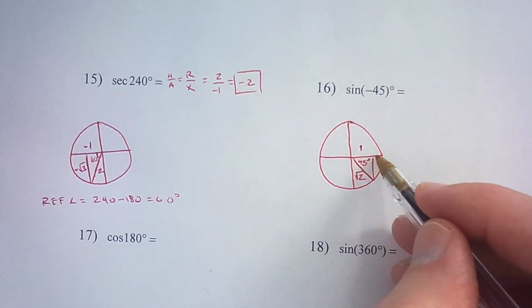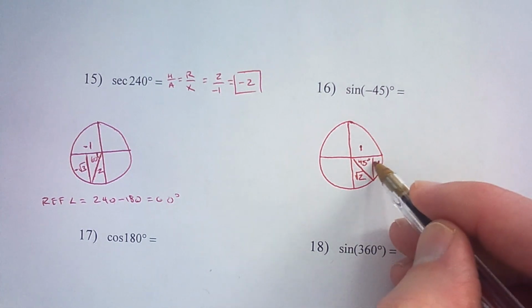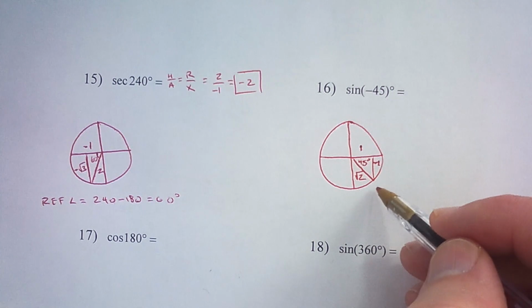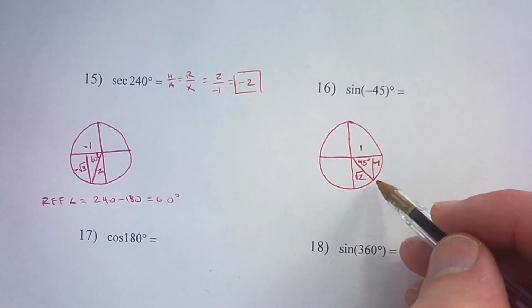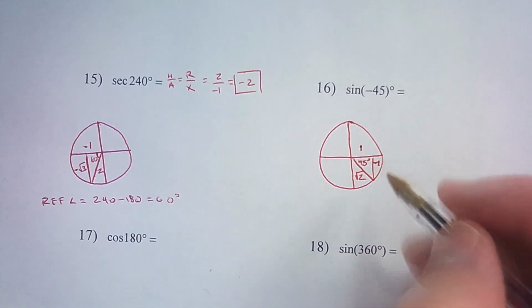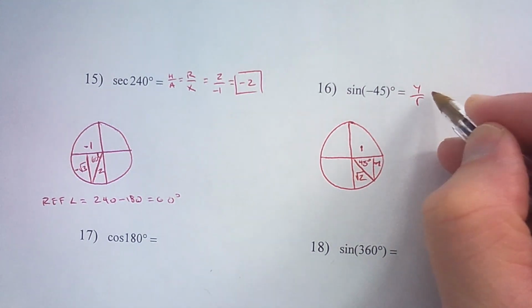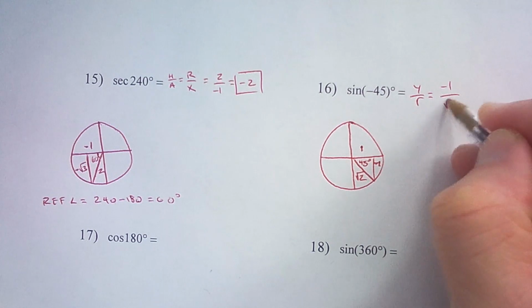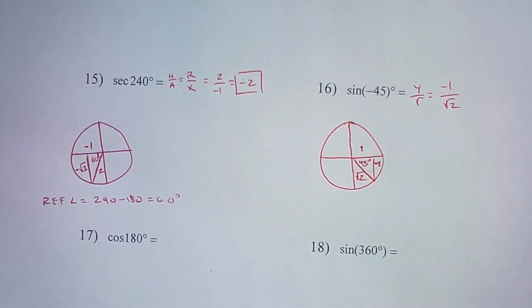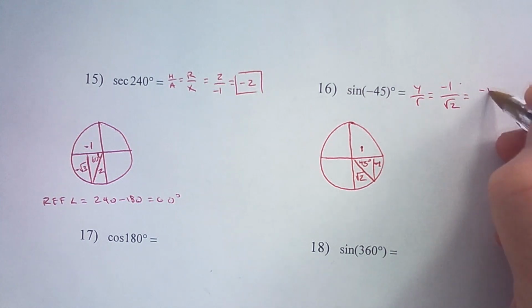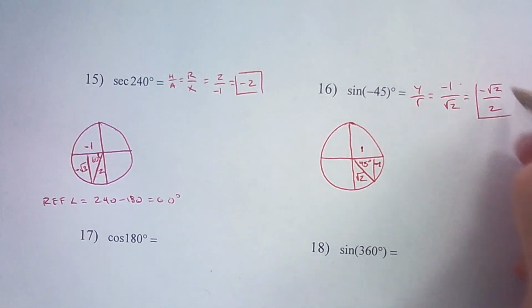This 1 is to the right, that's positive. This 1 is down, that's negative. And the square root of 2 is the radius, that's always positive. Sine is opposite over hypotenuse, or y over r. So that's negative 1 over the square root of 2. Now we need to multiply top and bottom both by square root of 2, so that's negative root 2 over 2.